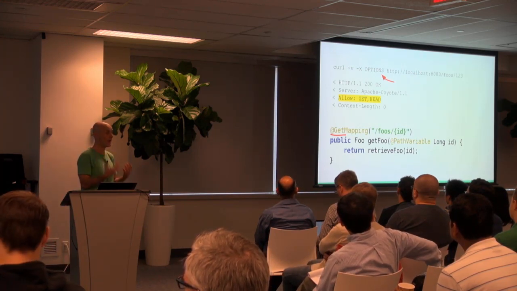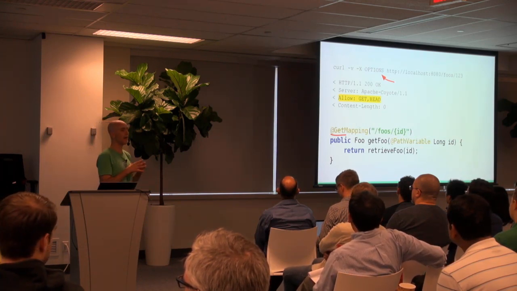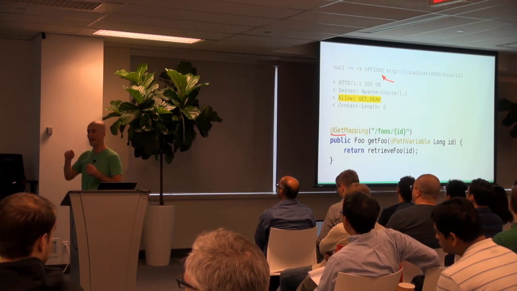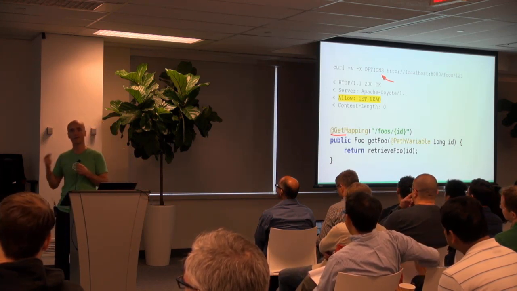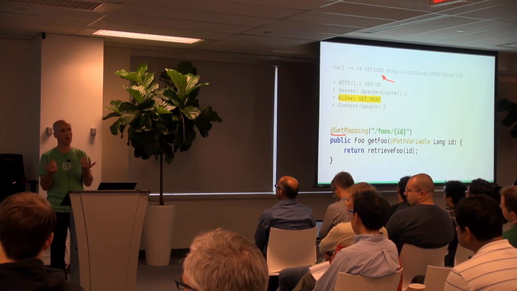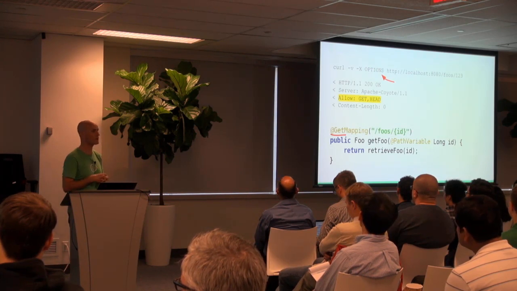You can handle it. But if the method remains unhandled, we actually check to see, is that URL matched by any controller methods? And if it is, then we say, okay, which HTTP methods are supported based on the mappings? And then out of that, we generate automatically a response.